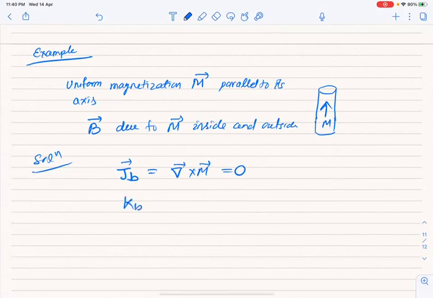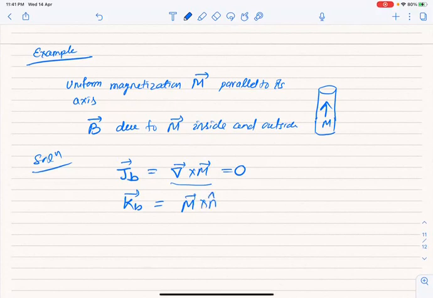And your KB, because if you are going to calculate the field, the field of a magnetized object is nothing but what you would have got using a bound volume current and bound surface current. In terms of magnetization, bound volume current is given by del cross M, and bound surface current is given by M cross n cap.